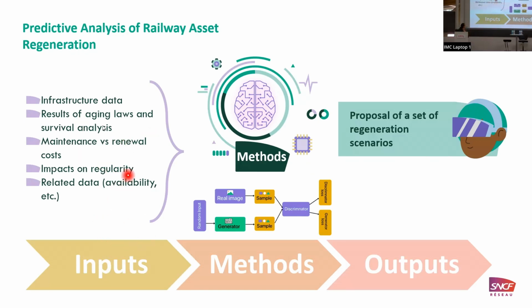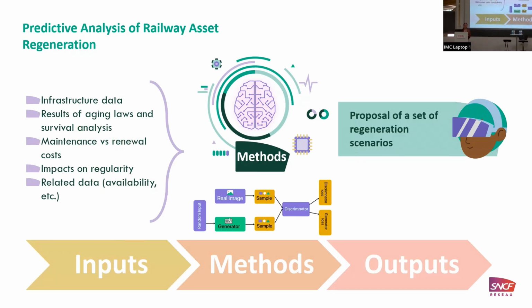some data inputs: infrastructure data, some results of aging law or survival analysis, maintenance data related to maintenance costs and renewal costs, impact on regularity, and other related data.